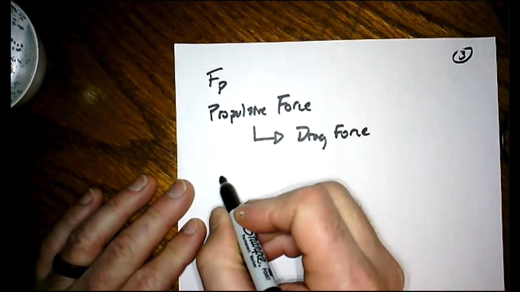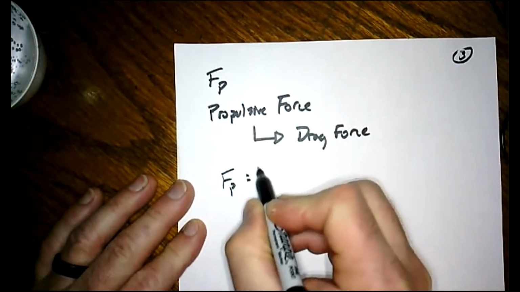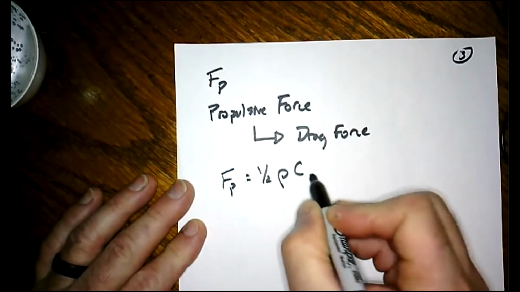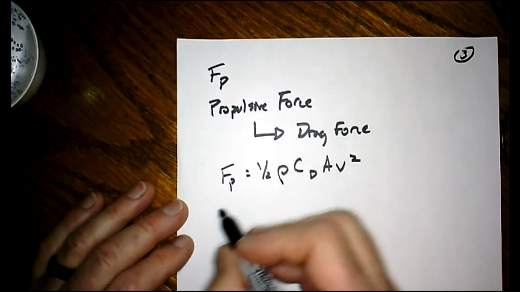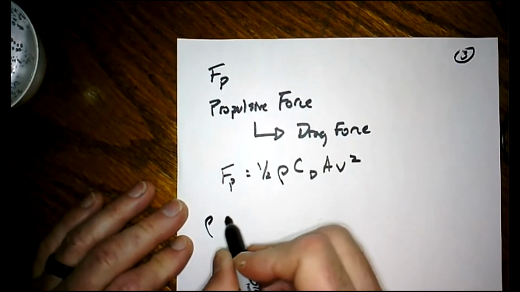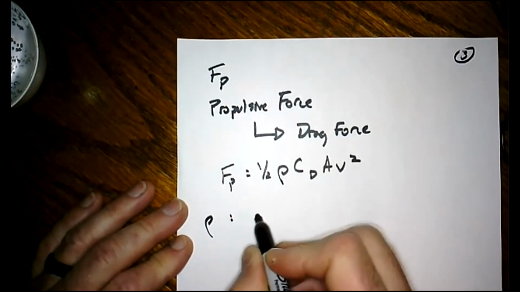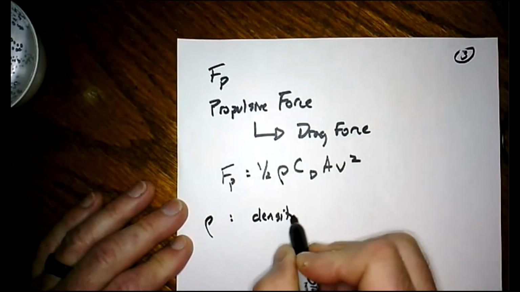And we know the equation of a drag force. So I'm going to write it out here: 1/2 rho C_d A v squared. And I'll do this because we're going to need this equation again. Rho is the density of the fluid.